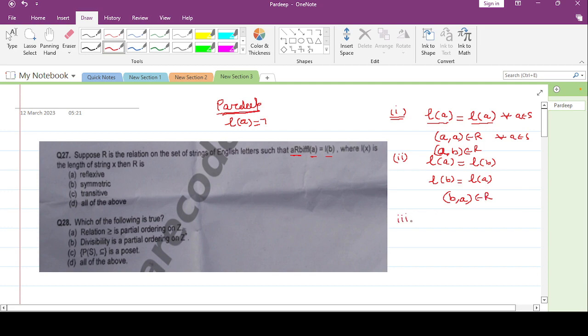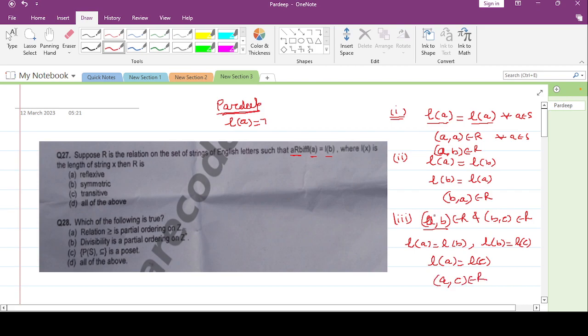Now number 3, let (A, B) be in the relation, and (B, C) be in the relation. As (A, B) is in the relation, it means that the length of string A is equal to the length of string B. Similarly, the length of string B is equal to the length of string C. So ultimately we can say that the length of string A is equal to the length of string C. So it means that (A, C) is a member of the relation.